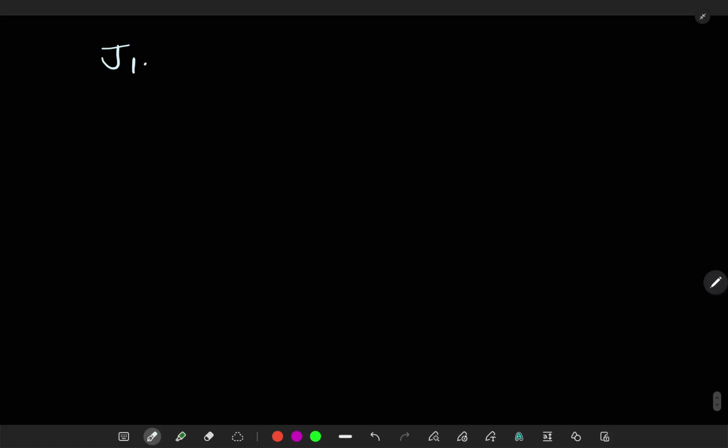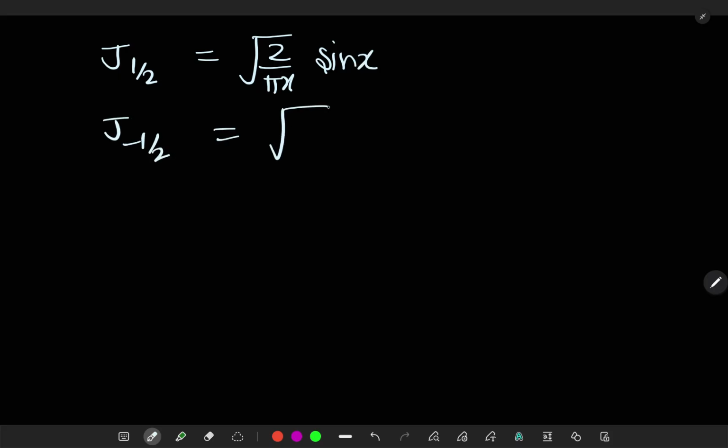Now this is an important relation. J minus half is equal to root (2 by pi x) cos x.